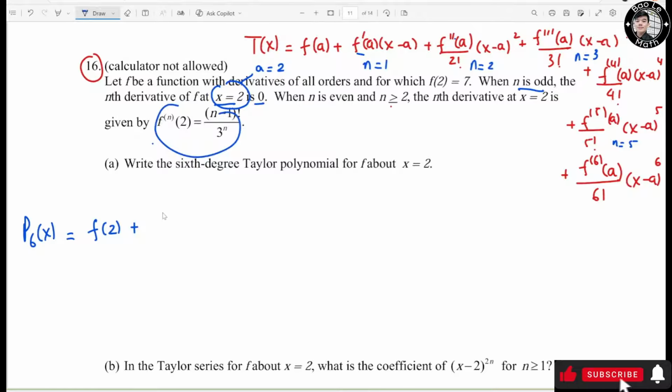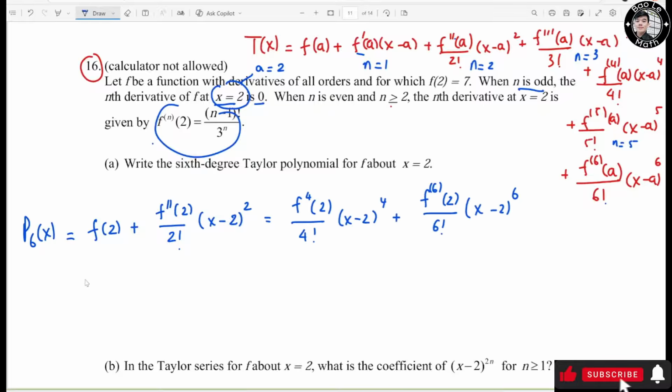So we have f double prime of 2 over 2 factorial times s minus 2 squared. For n equals 3, it's 0. For n equals 4, it's plus the fourth derivative. Now we substitute the value f of 2 equals 7 right here.